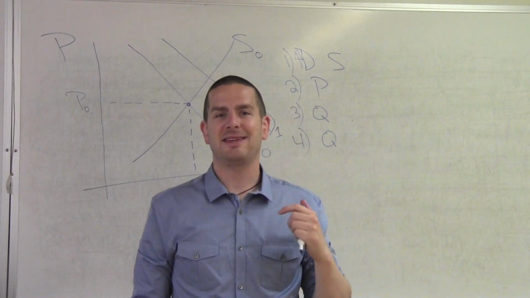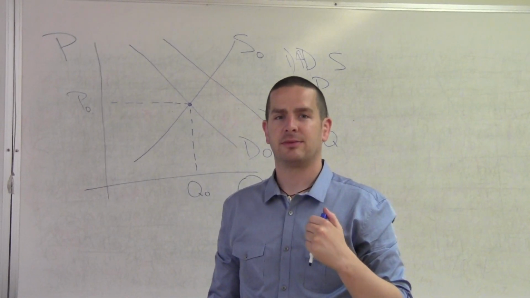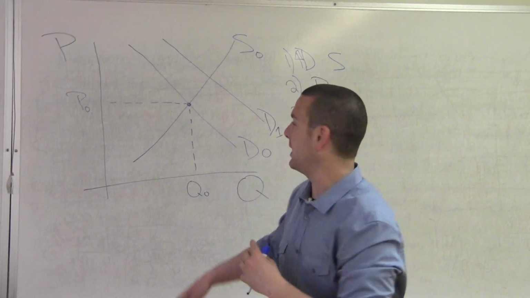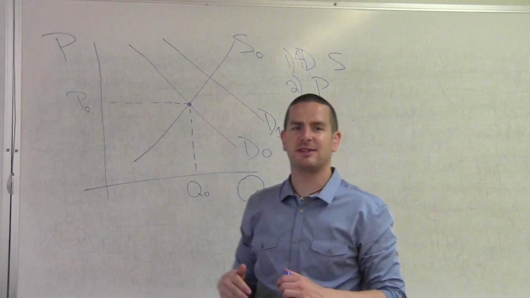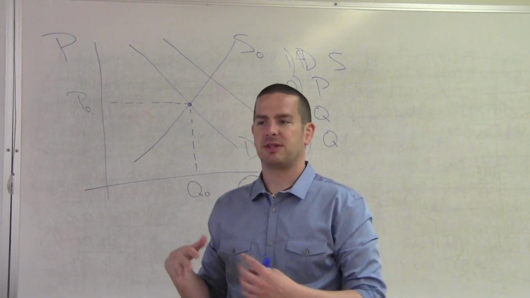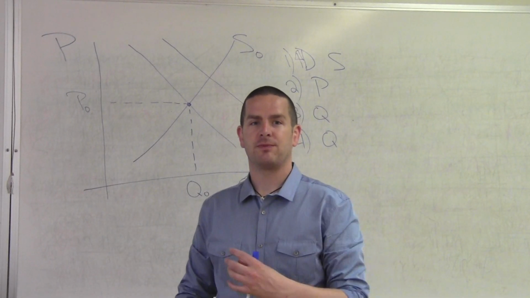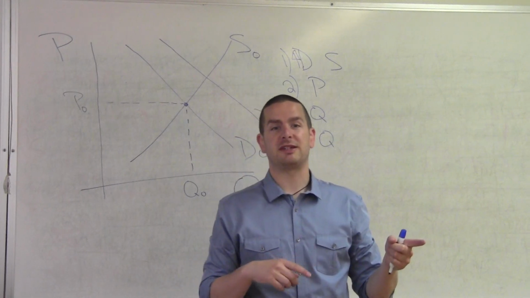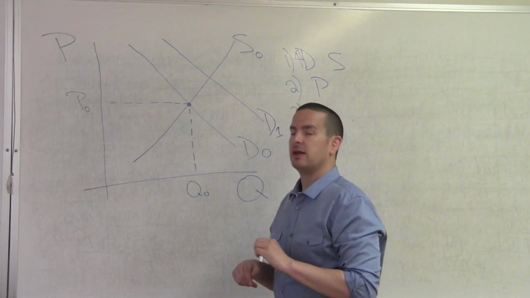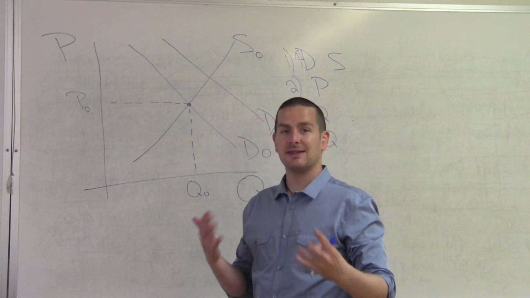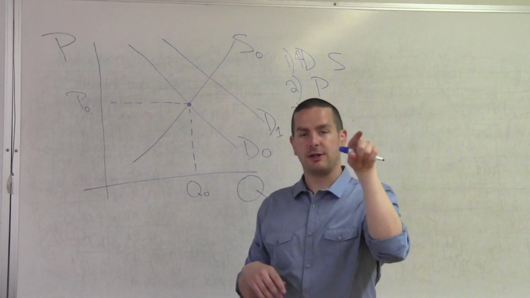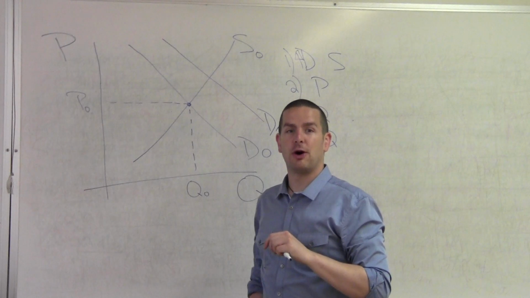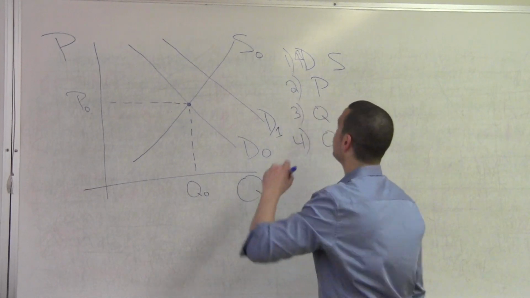Now, has anything happened to supply? No, nothing has changed, right? Supply is still right there. The government decided to spend more, but supply hasn't changed. If you remember from the first week's lectures, right? If you want something to stay constant, right, it hasn't changed, it's still constant, you put the little horizontal bar over the variable, okay?